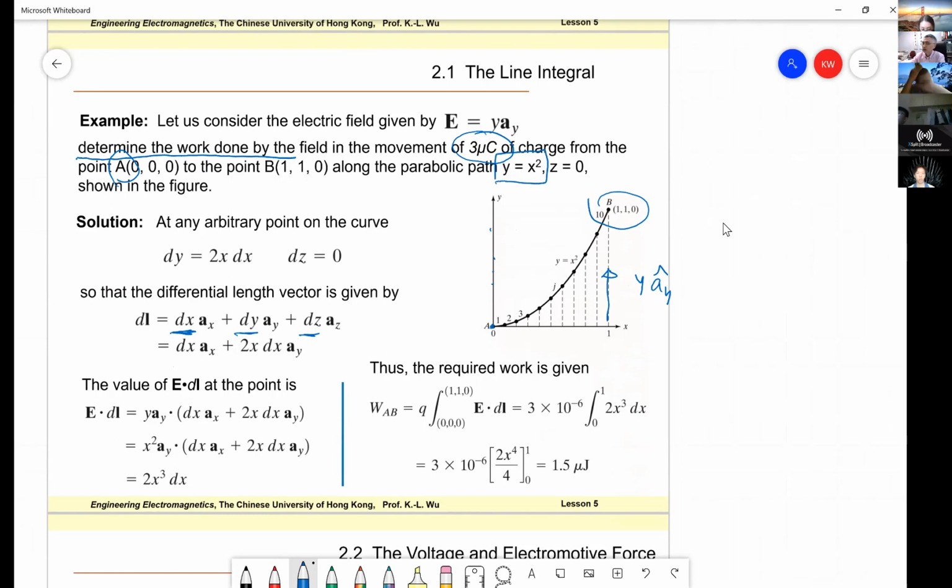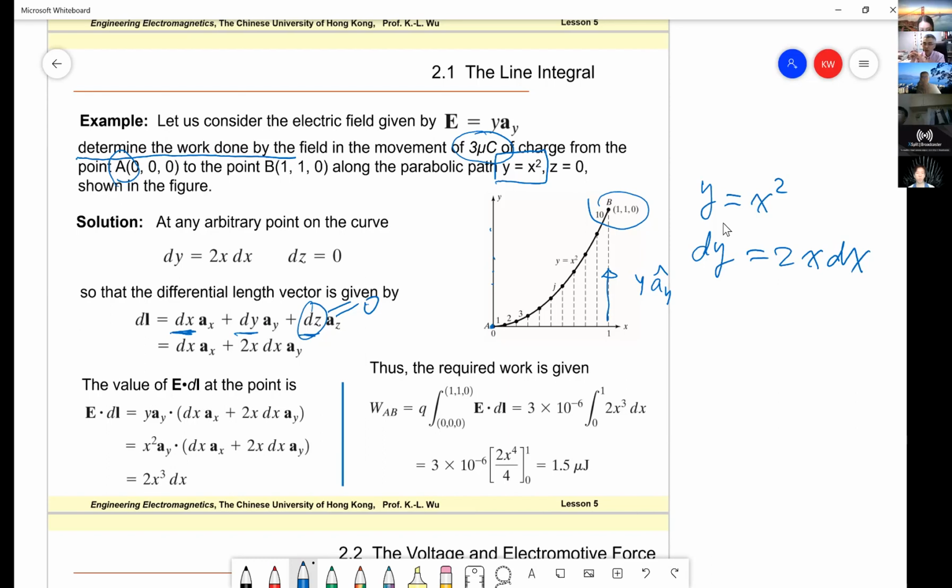The good thing is we know this path is y equal to x squared. So what is dy? dy equals 2x dx, because I take the derivative with respect to variable x on both sides. Then dz equals 0, because the curve doesn't change in that direction.